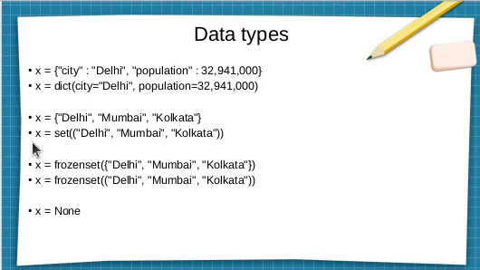Now we can also assign it with the set constructor with double round brackets. A frozenset is declared with round brackets, then curly braces, then the values, or with the constructor with double round brackets with the values.